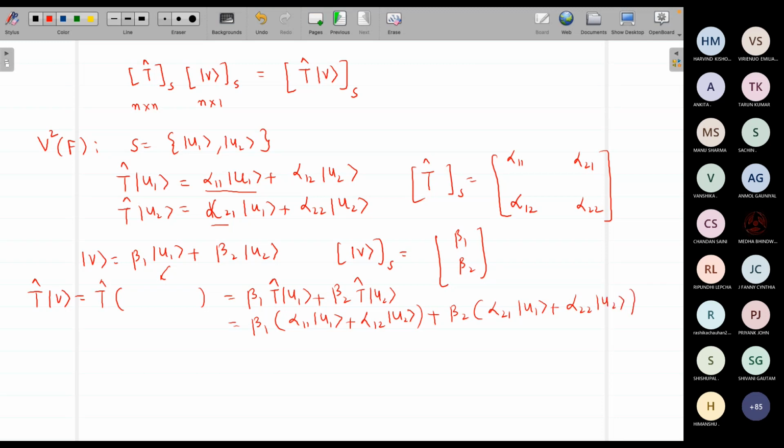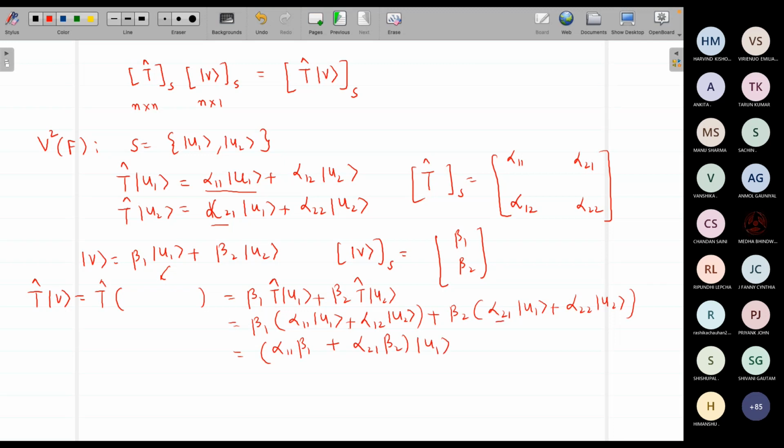Now just take the terms of the type u1 together. So you will get alpha 1 1 beta 1 plus alpha 2 1 beta 2 times u1.